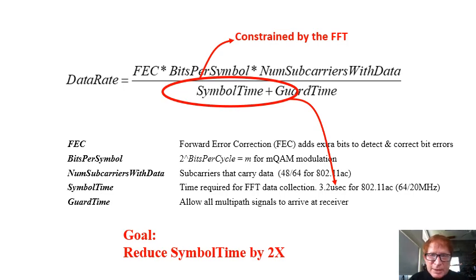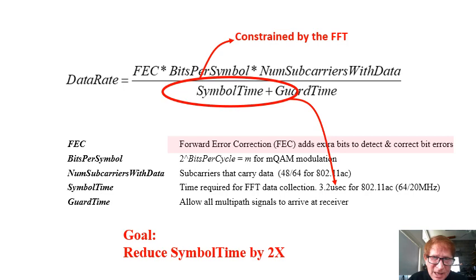Now we can show the expression for the OFDM data rate in some terms that we have already described. The FEC inserts extra bits that act as an overhead to improve robustness of the system.